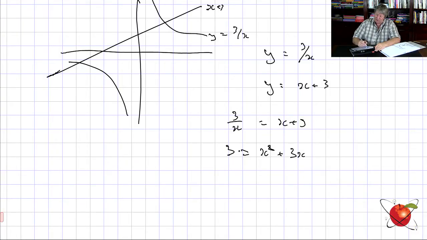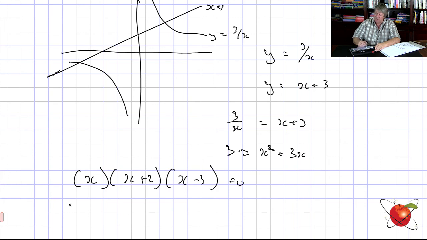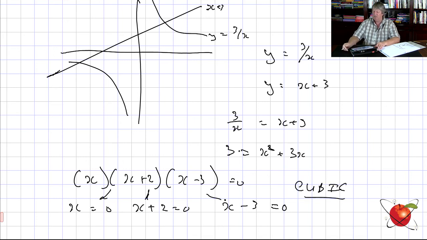Because remember, when you solve it, if you've got x, x plus 2, x minus 3 equal to 0, you then say x equals 0, x plus 2 equals 0, x minus 3 equals 0. You put them all. That gives us the solution of a cubic. There may or may not be one. I doubt it, but if there is, you can solve it like that. Also, remember, your calculators can solve them as well. Some of them can. As I say, that's a short one.